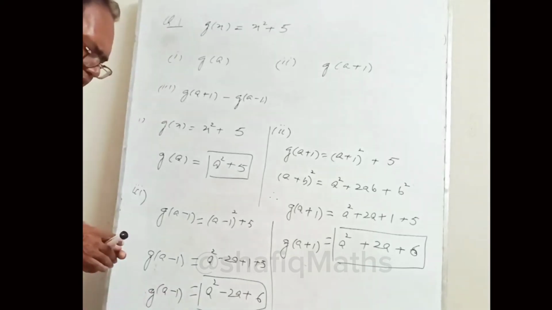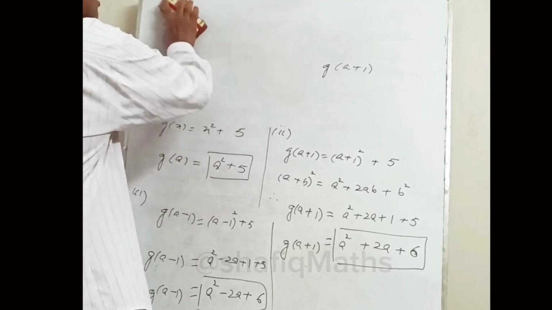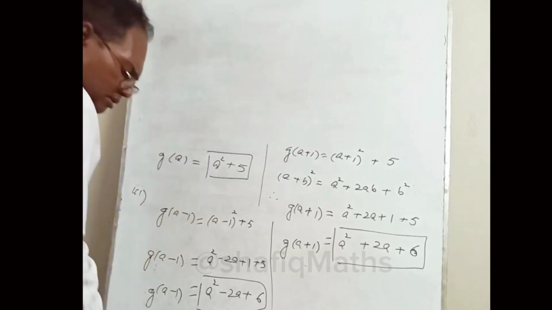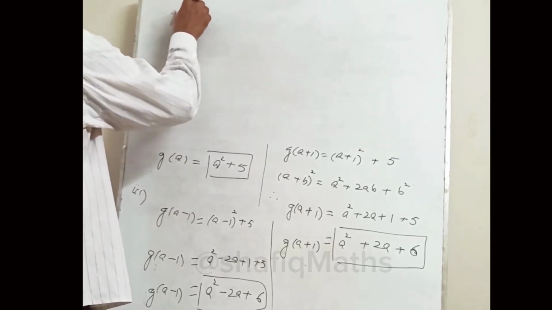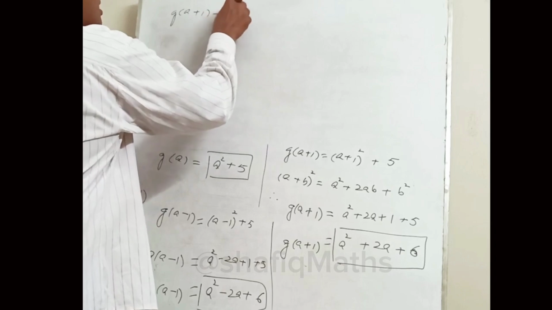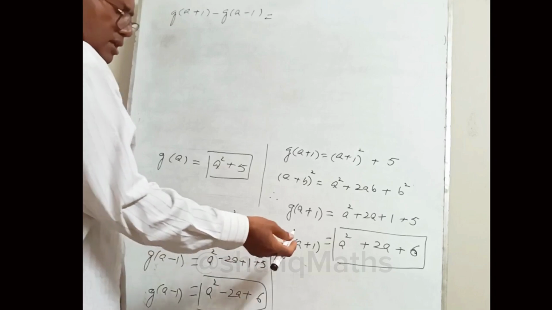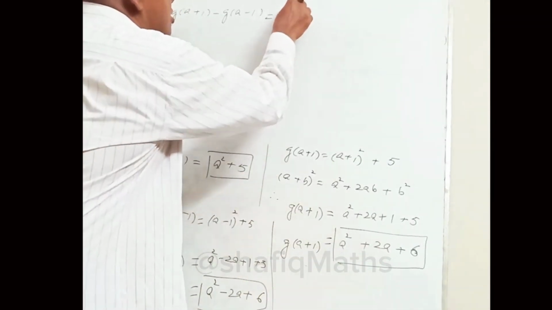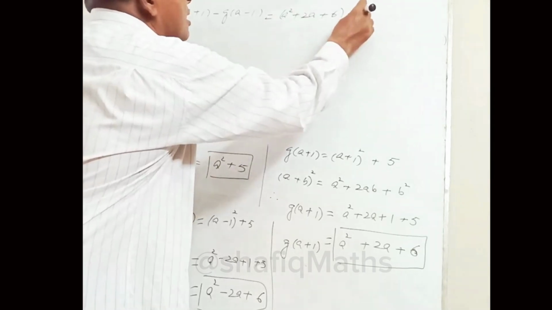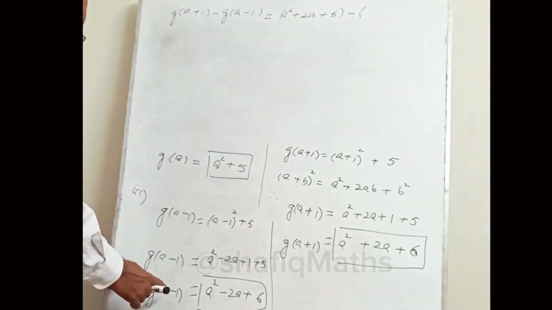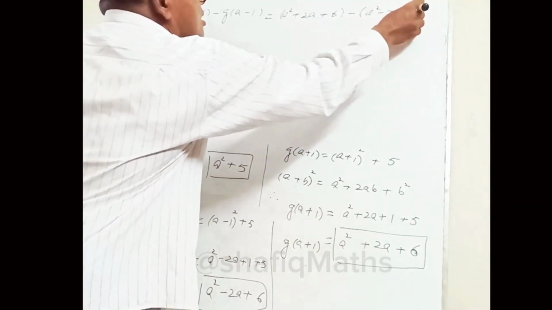After this, we are substituting the values. g(a plus 1) minus g(a minus 1) equals a square plus 2a plus 6 minus (a square minus 2a plus 6).